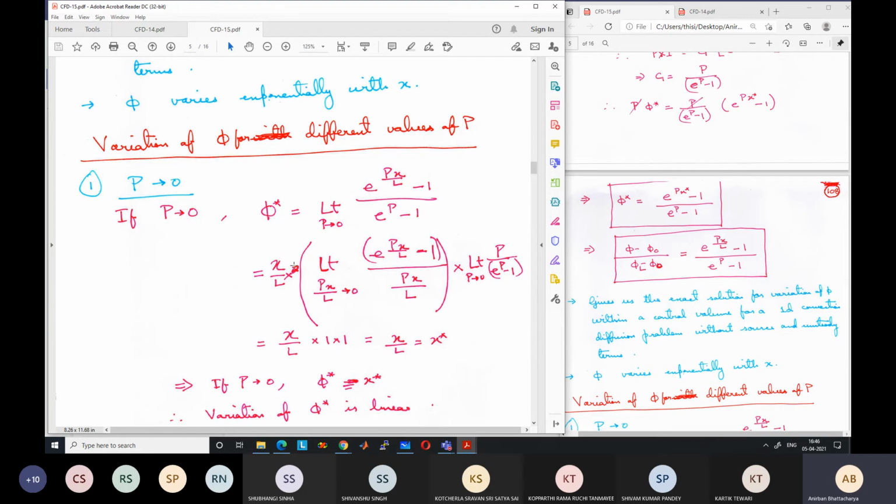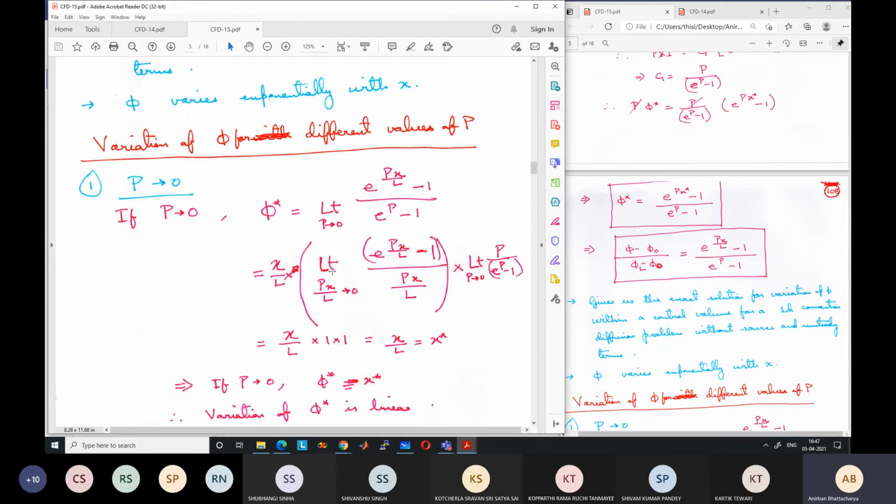So to do this, we have to take Px by L outside also. So out of this Px by L, let us take the x by L here, and we will keep the P for the other term. So the other denominator part we can write as limit P tends to 0, P by e to the power P minus 1.